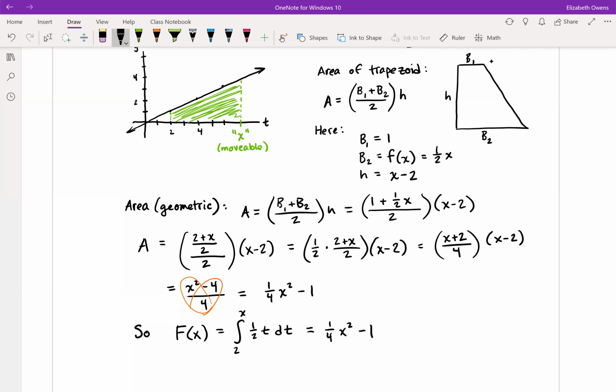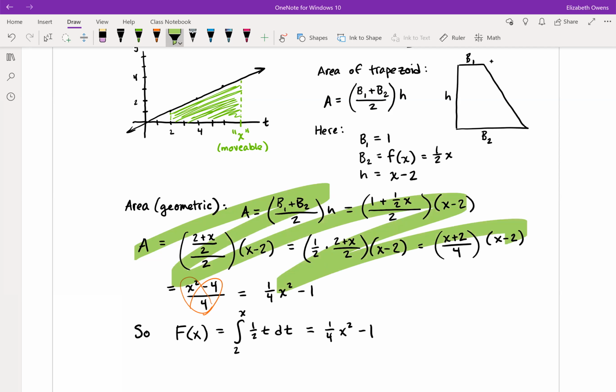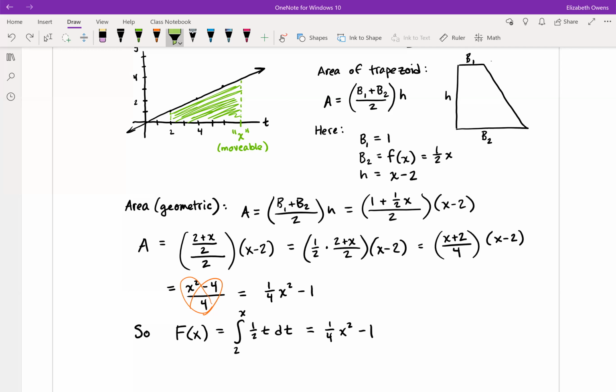So if you wanted to find the area under this function's curve from 2 to any point x, you wouldn't have to repeat this geometric process, or necessarily do a Riemann sum, if you had already computed this 1/4 x squared minus 1. You could just plug in whatever your x value is, and then you'd know the area under the curve.